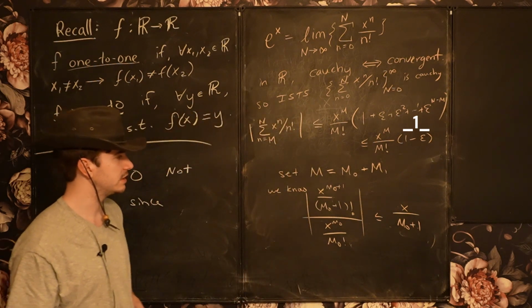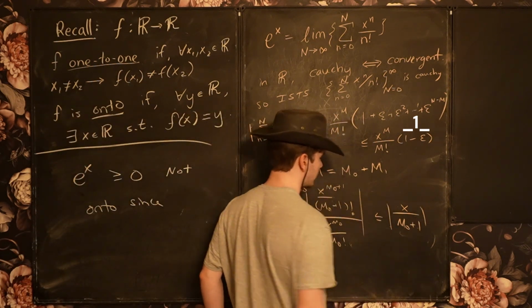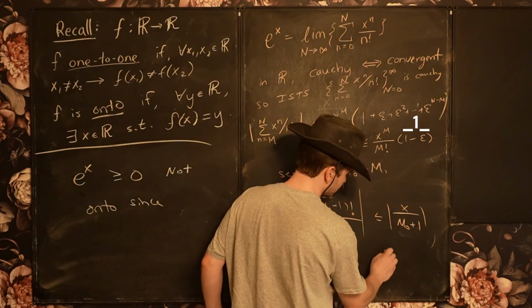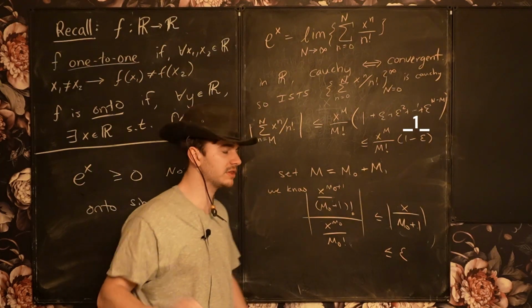Okay, so now we're in business because, well, what can I say? Well, I can say for large enough m naught, this is going to be less than or equal to epsilon. It's the same argument that I made before.